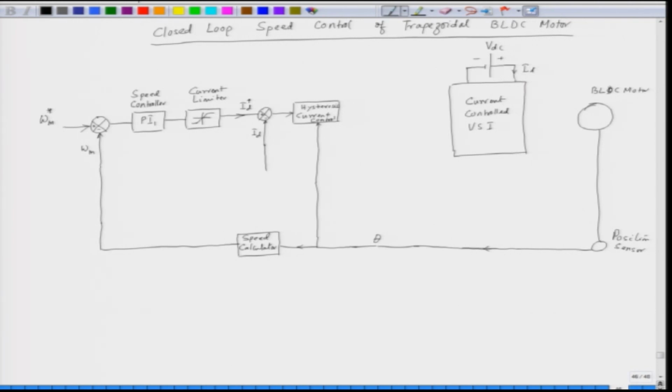So, we have the current sensor which we can sense from the VSI, and the VSI output is fed to the brushless DC motor, and this is the gate drive generating circuit, base drive generating circuit, and we give the triggering pulses to the inverter.